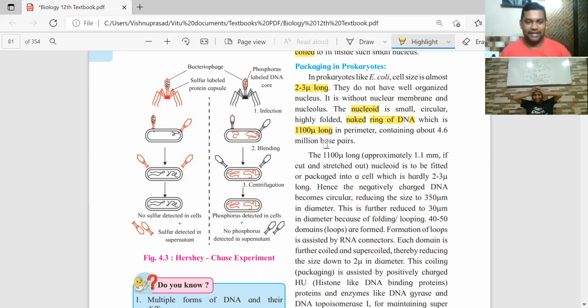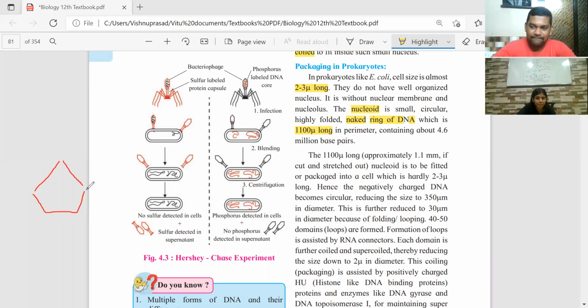Structure of the DNA, the Watson Crick model which you have studied. It is made up of nucleotides. Each nucleotide consists of 3 main components. 5 carbon sugar.